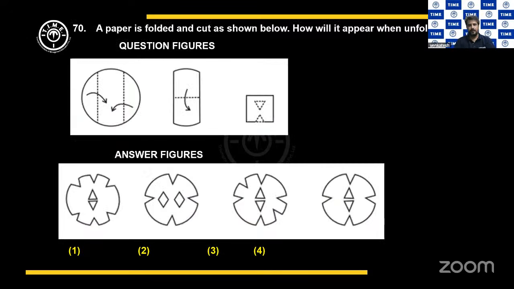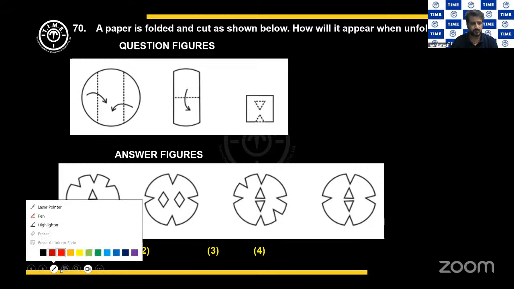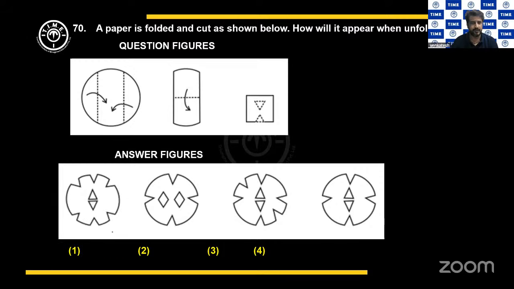A paper is folded and cut as shown below. How will it appear when unfolded? A question figure. So the best rule for this kind of question is: the way it is closed, open it in the same way. The way it is closed, open in the same way.